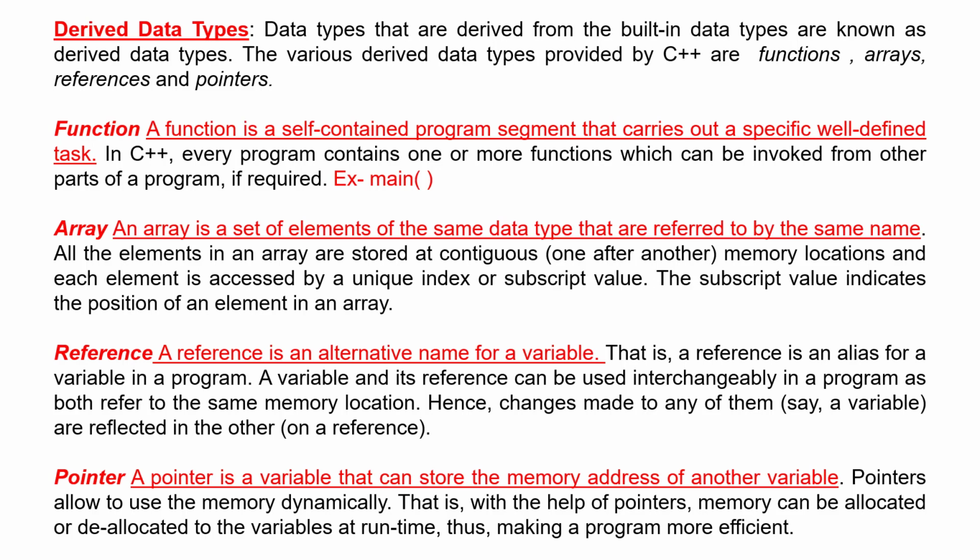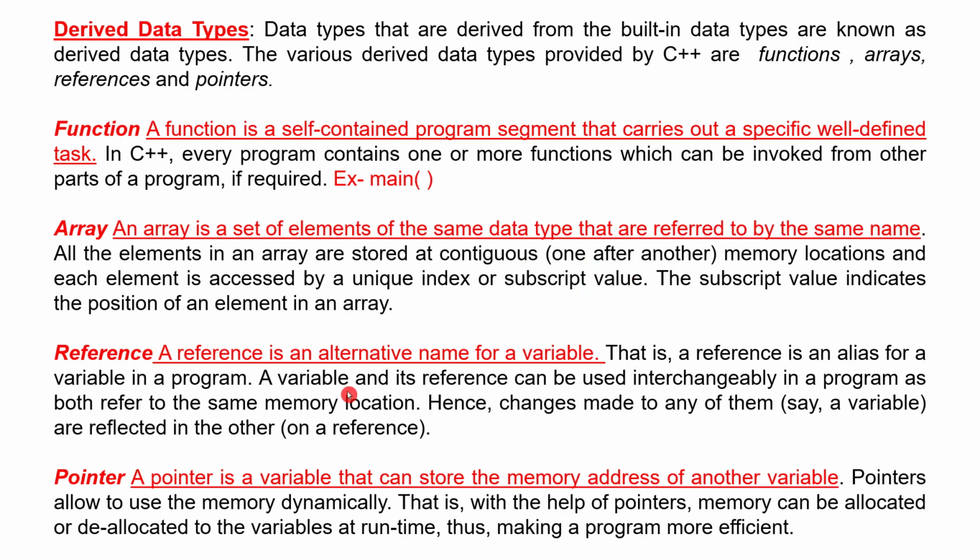So for the collection of same type data, we use arrays. All the elements in an array are stored at contiguous memory locations, and each element is accessed by a unique index or subscript value.